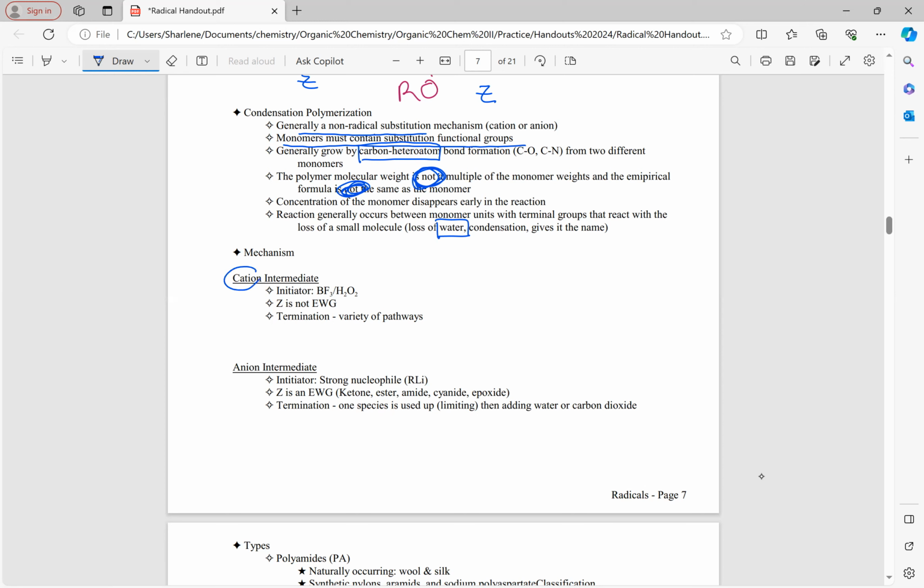So you can have a cation intermediate or you could have an anion intermediate, and we'll just kind of look at both. All right, if you want the cation, boron, such a special little molecule. If you take boron plus hydrogen peroxide, you're going to make this complex. So it's a water boron complex and it has a name, but I can never remember the name.